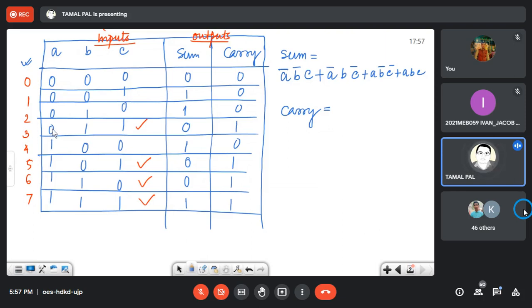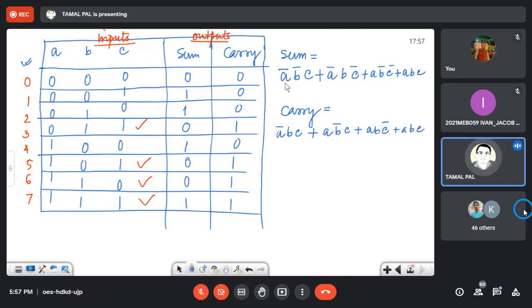It is A complement B C. A B complement C. This is A B C complement. And complement means NOT operation. And this is A, B, and C.